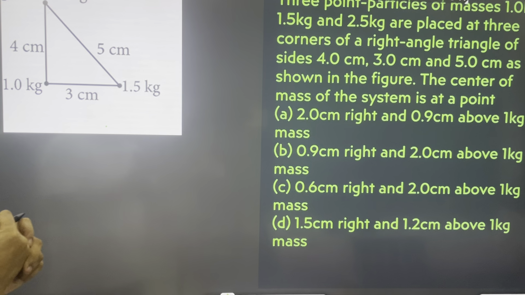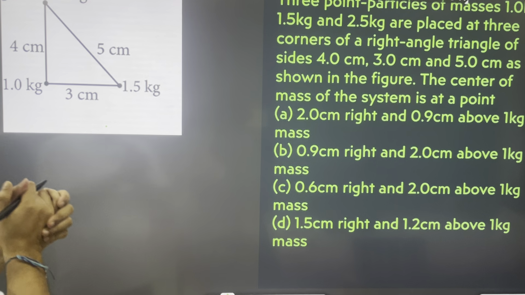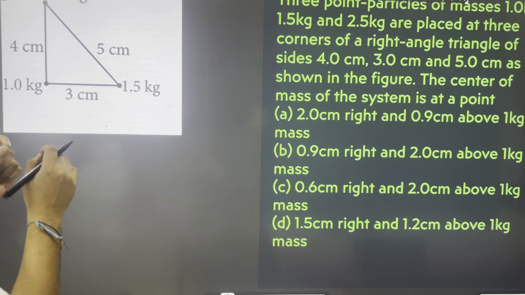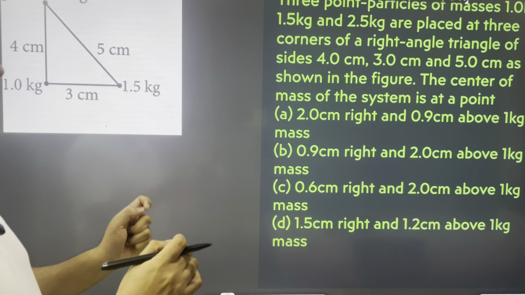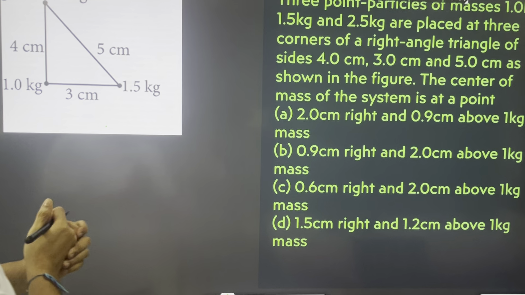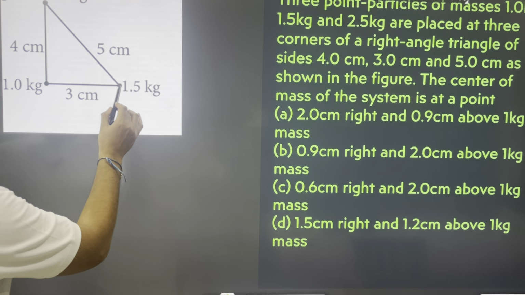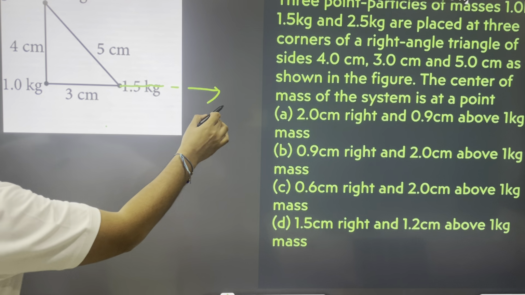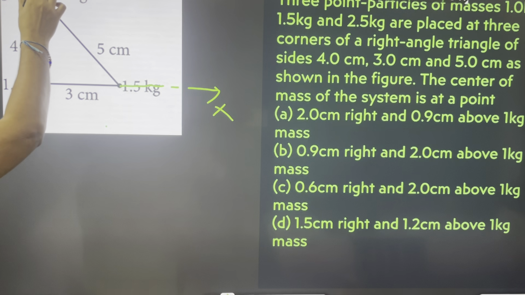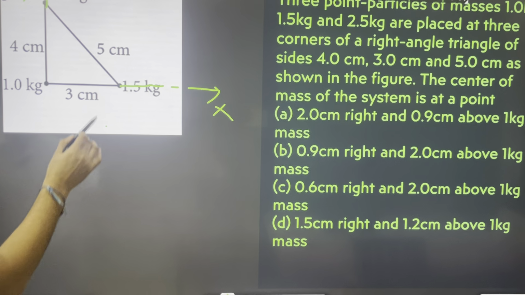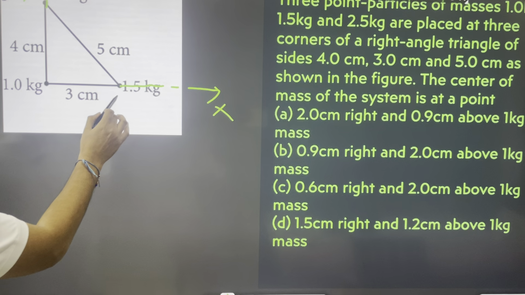Okay, now see how to find it. Whenever this type of question is there, you should take the whole system on a coordinate system. So here I will draw the coordinates, x coordinate here and y coordinate here.